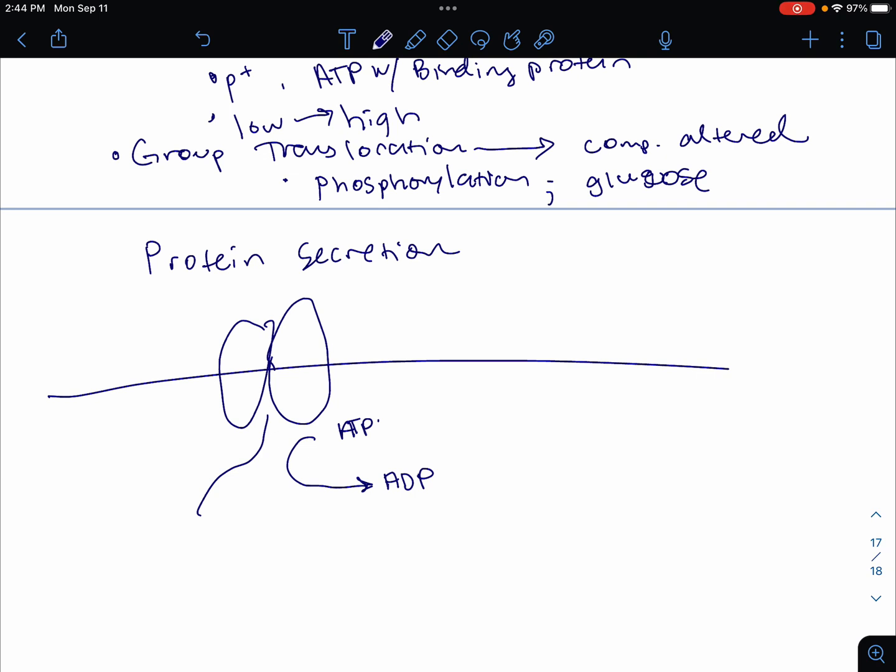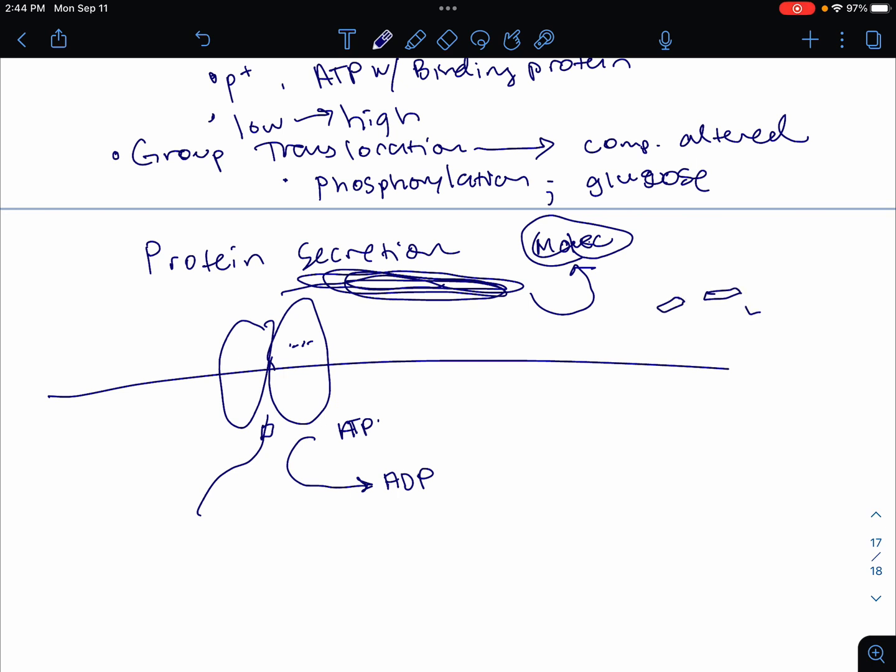It goes through this other channel protein here, a transport protein, and once it has this signal sequence recognized by this protein here, it actually then becomes active and folds into an enzyme once it's outside of the cell. Now, let's say there's a molecule here that is of interest to the cell. That protein as an enzyme is going to work on it, and it's going to chew up the molecule into its monomers, its subunits, and these will then go into the cell via that protein.